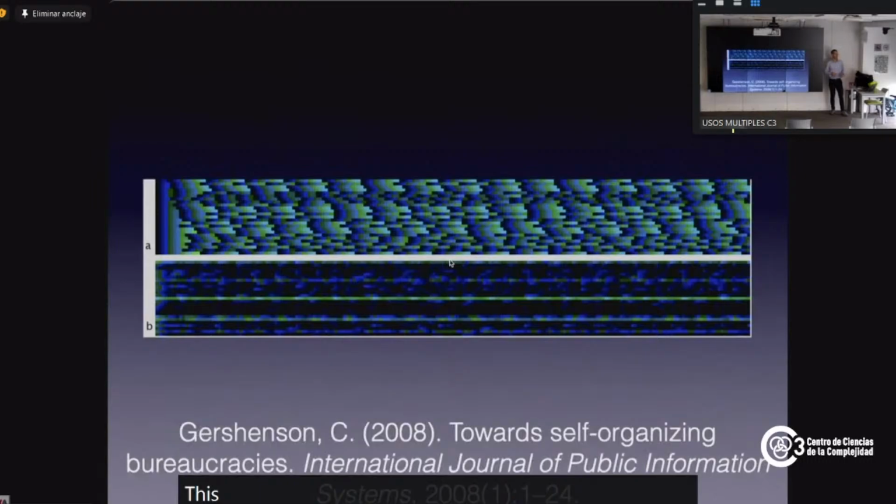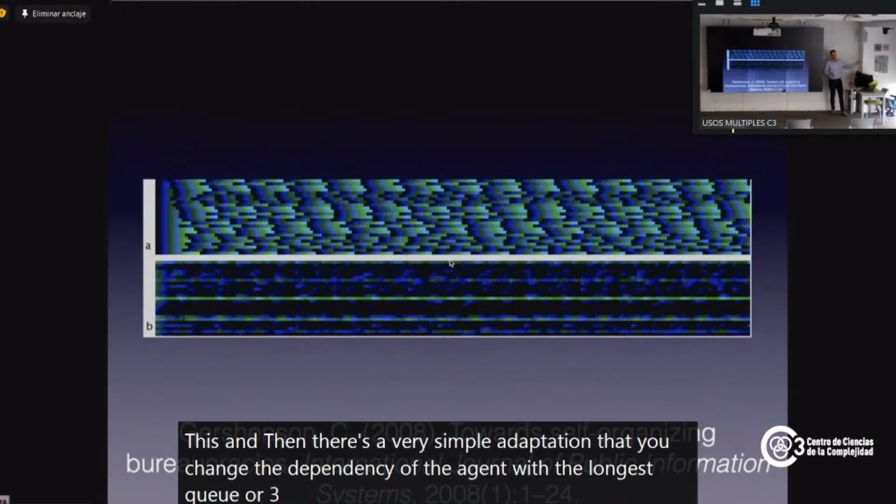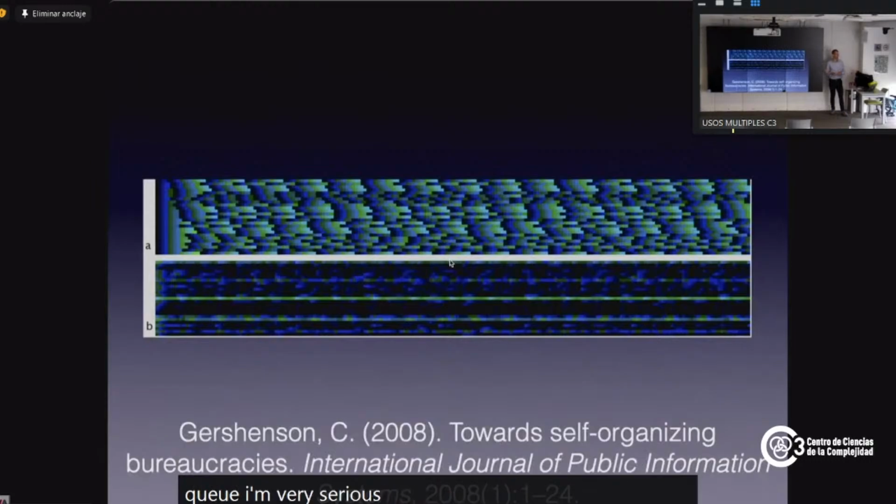And then there's a very simple adaptation: you change the dependency of the agent with the longest queue, from an agent with the highest delay to the agent with the shortest queue, and with very few changes.